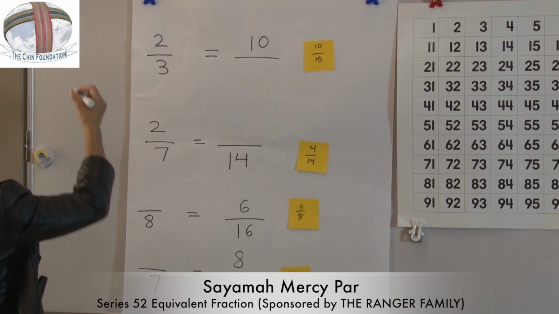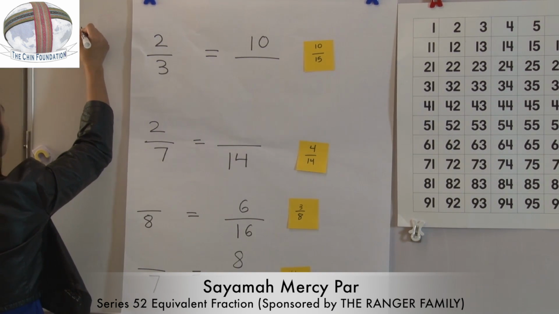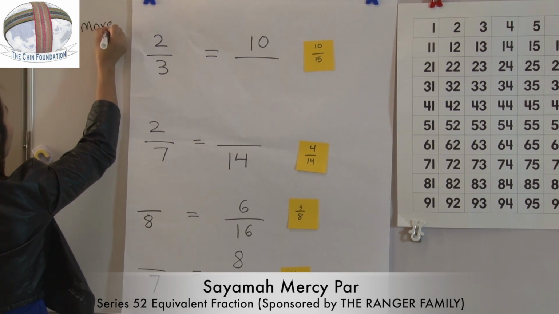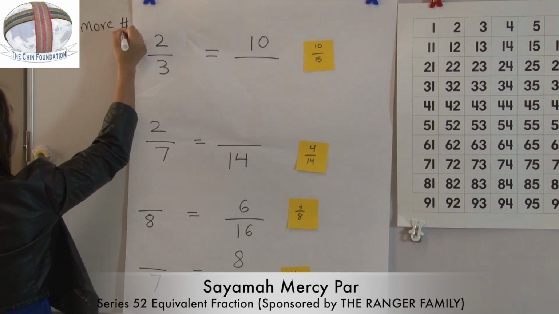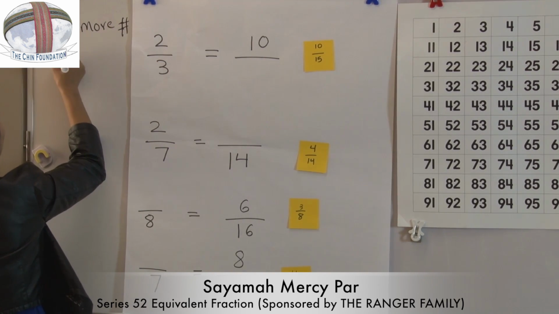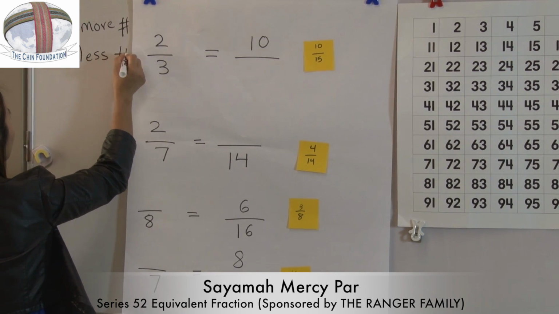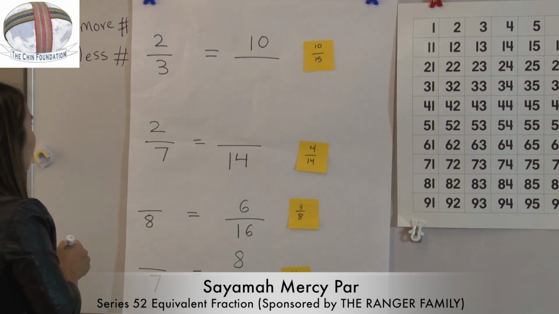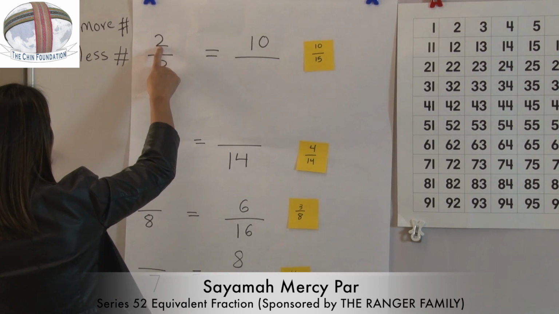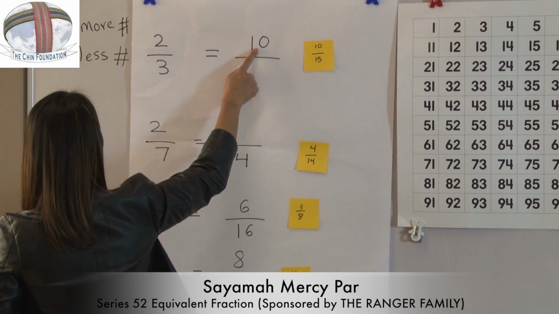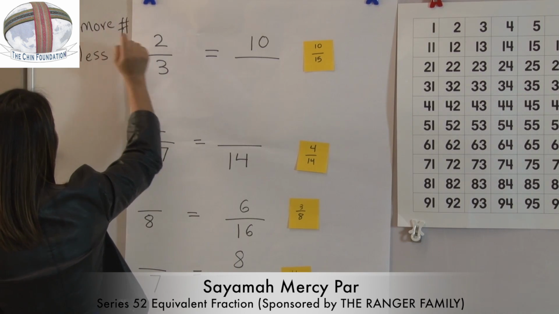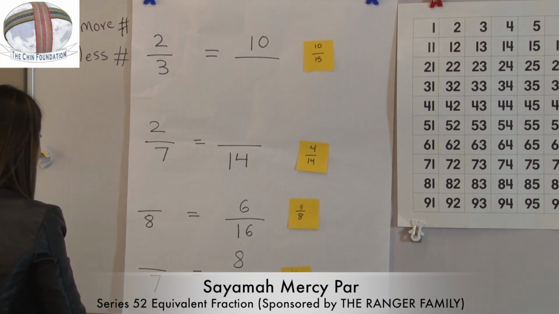So I know that, remember, when we multiply, we get more number. When we divide, we get less number. Okay? So I know that we have 2 here, and then we got more number. More number, that means we multiply. Okay?